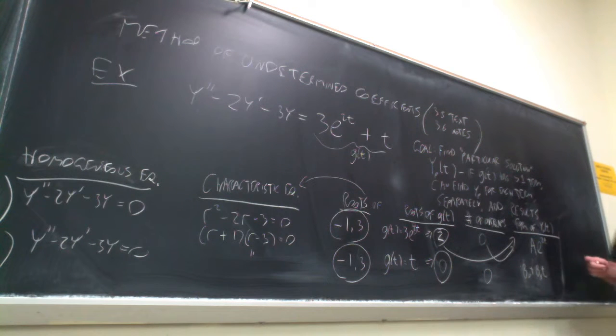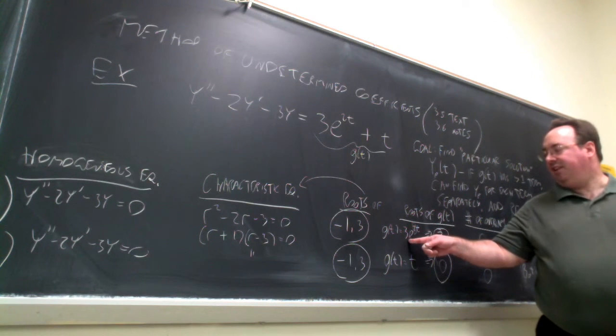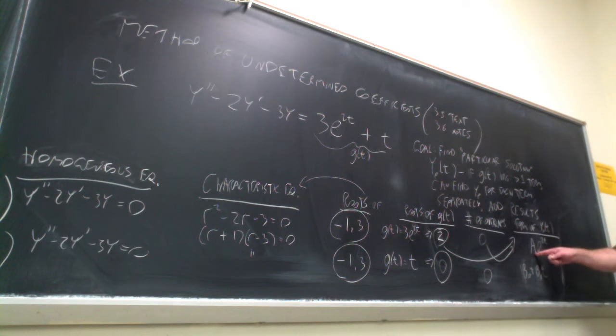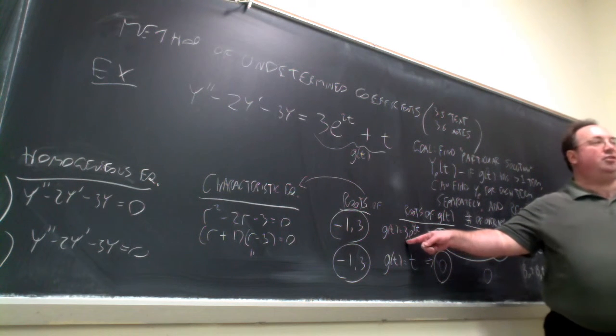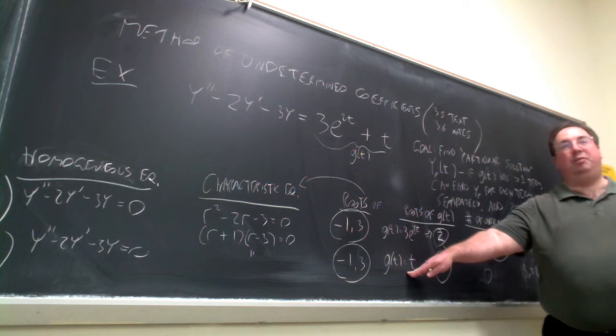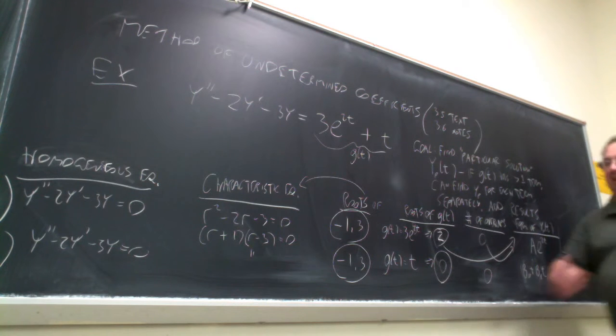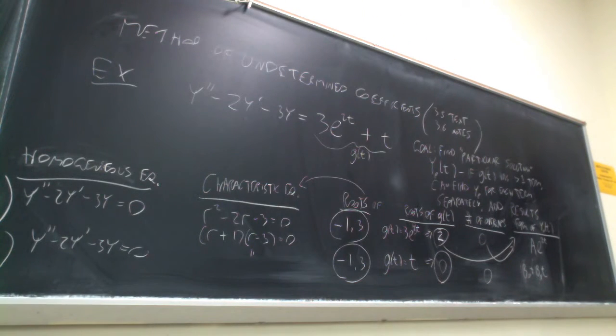So, like for example, I'll go back to this one. Here I only had 3e to the 2t. I only had a constant. So I only have a constant here. But let's suppose I had 3t squared e to the 2t. Then I'd have to have constant plus a linear term plus a quadratic term, all of that times e to the 2t. So any polynomial in your g must lead to a polynomial of the same degree in your particular solution. There'll be more examples that help cement that. And in the notes, there's a chart, also in the textbook.